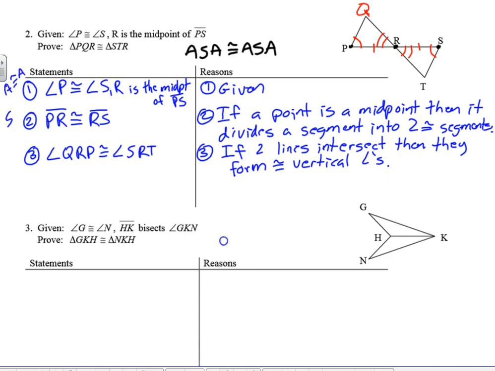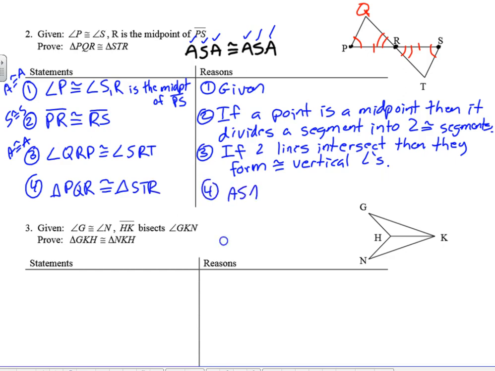In step two, we've got a side congruent to a side, and an angle congruent to an angle. Check, check, check. Okay, so we can say that triangle PQR is congruent to triangle STR, and the reason would be angle, side angle, congruent to angle, side angle.